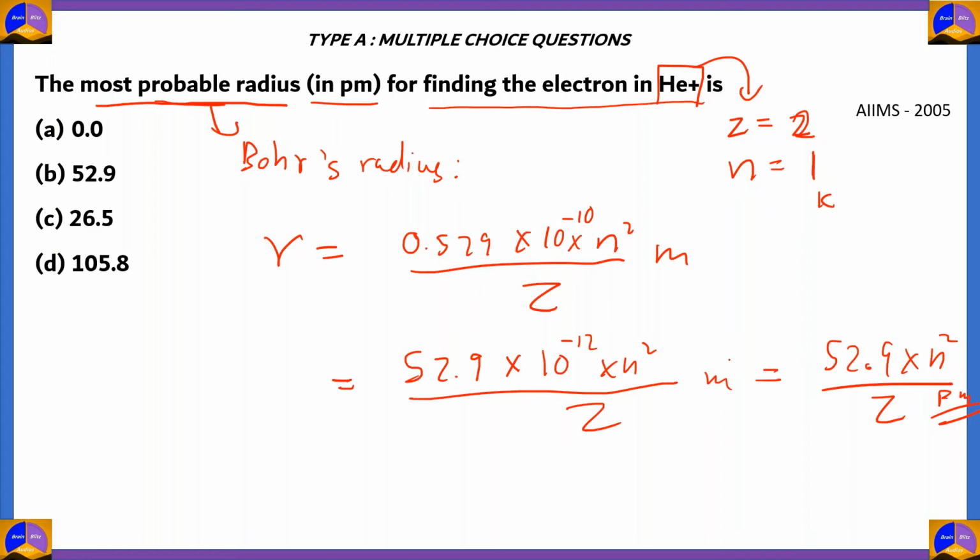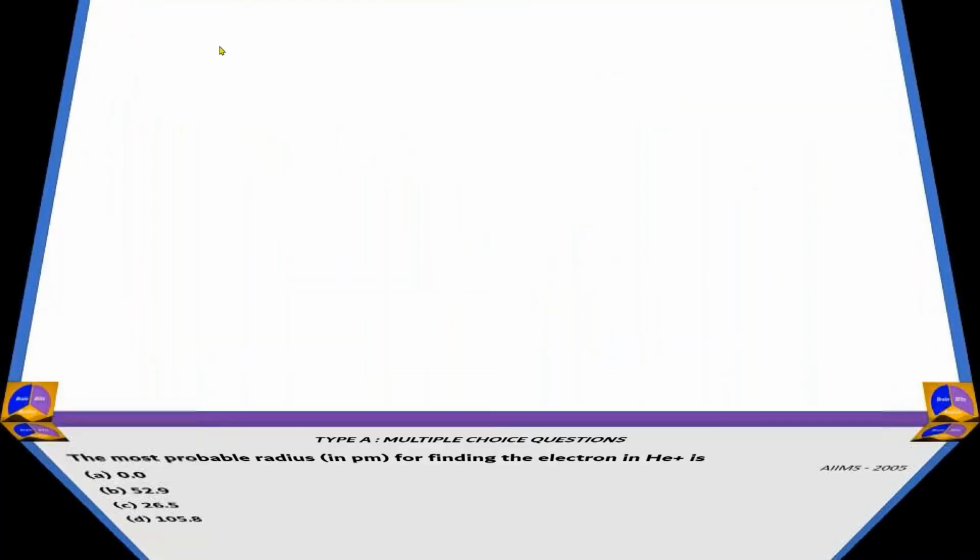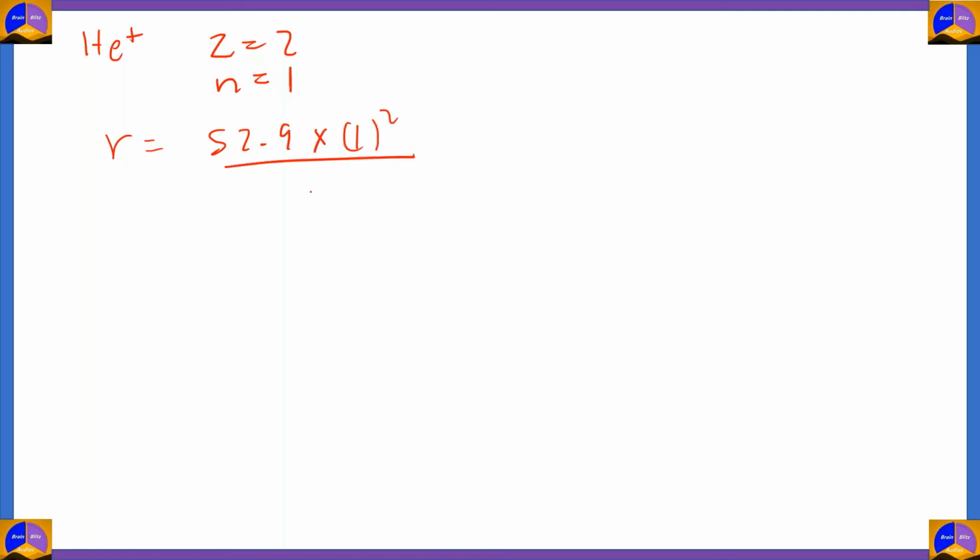The next step is to put in all the values. So again, we have helium plus, so Z equal to 2, the atomic number, and the energy level of the electron present is 1. So r is 52.9 into n squared, that is 1 squared, divided by Z, that's 2. So 1 squared is the same as 1, so we have 52.9 divided by 2.